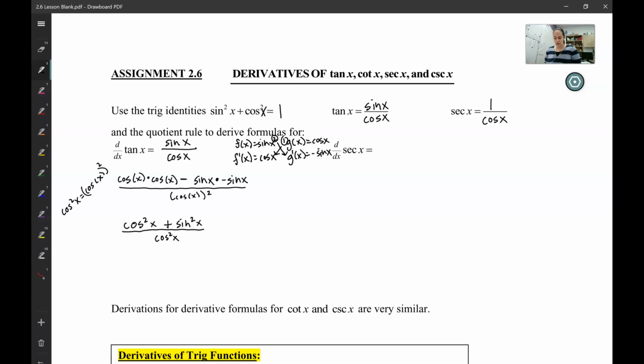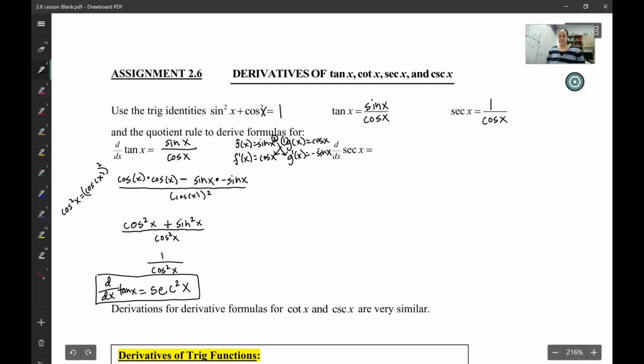Well, from our trig identity up here, we know that sine squared plus cosine squared, or cosine squared plus sine squared, because we can switch those around, is 1 over cosine squared. And we know that 1 over cosine is secant. So this is actually secant squared of x. So the derivative of tangent of x is secant squared of x.